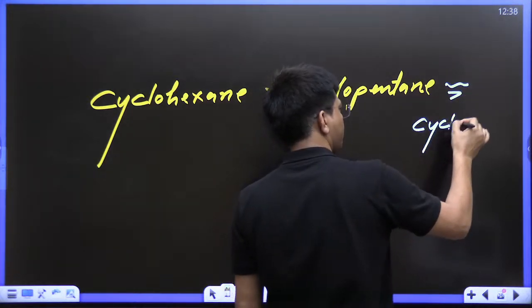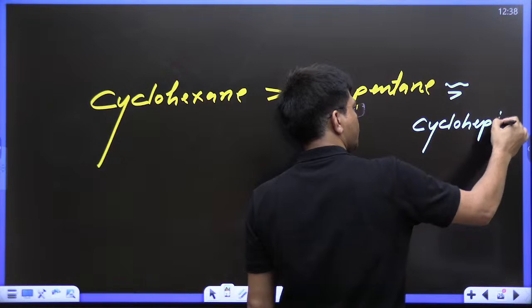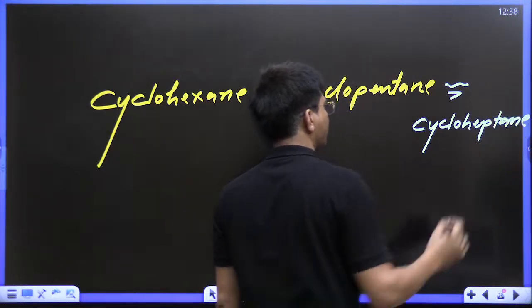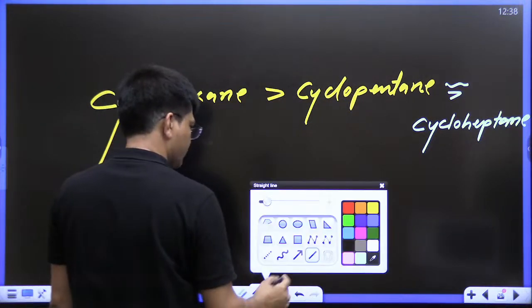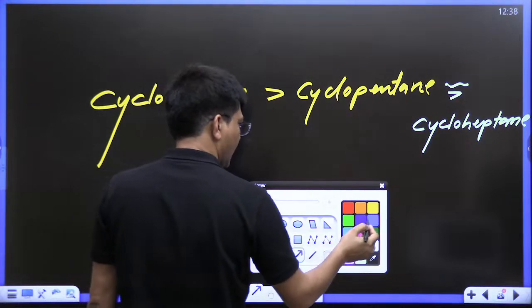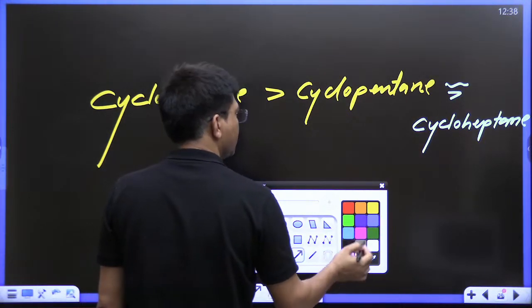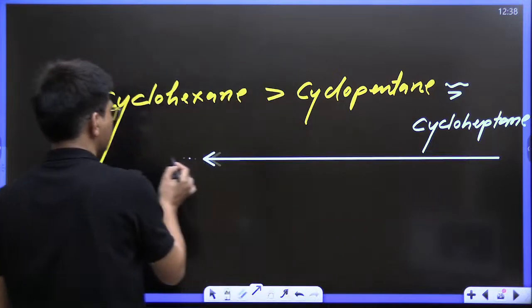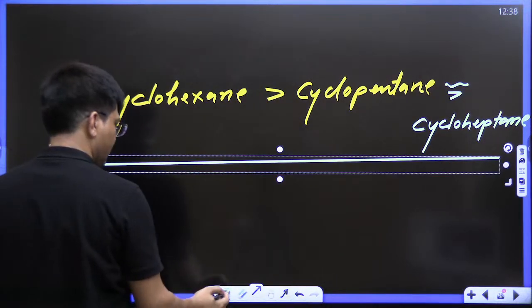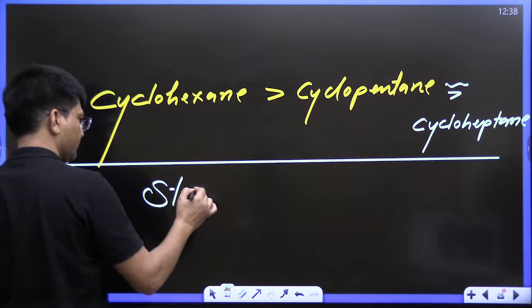Whenever you are going to solve any question, just keep in your brain how to arrange the stability order of rings. So this is the stability order of rings.